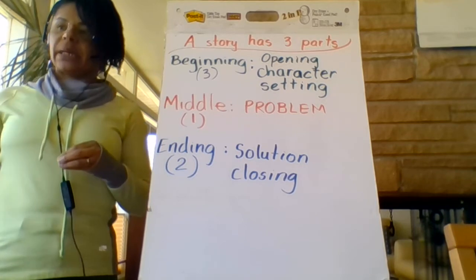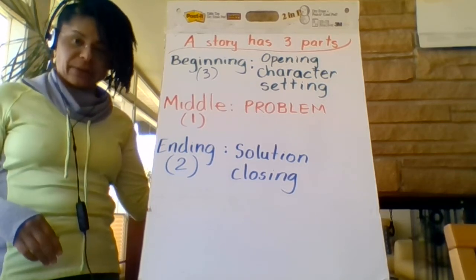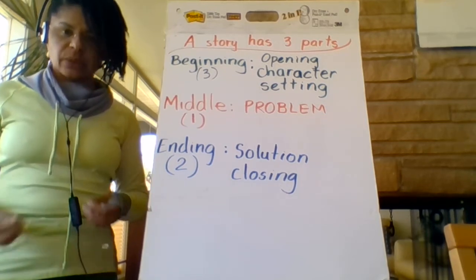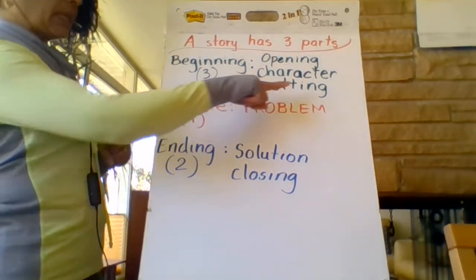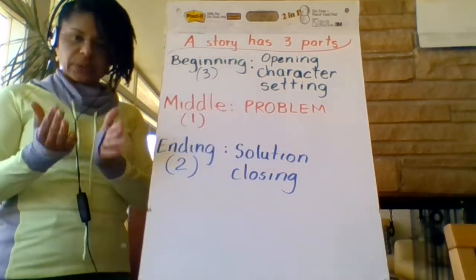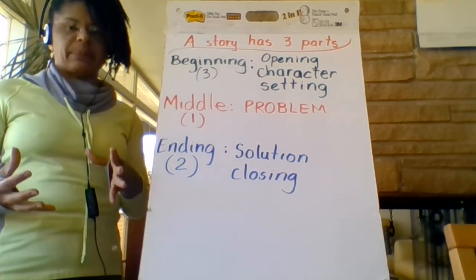Does it happen in the ocean? Does it happen in the playground of Northgate Elementary? Does it happen in the woods? Where does the story happen? That's the setting. Then in the middle of the story, or towards the middle, there is almost always something that happened.